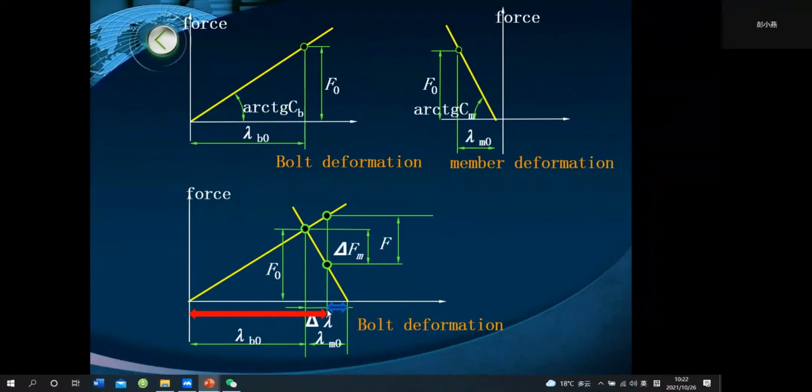So the total force acting on the bolt is at this point. This point represents the total force acting on the bolt.